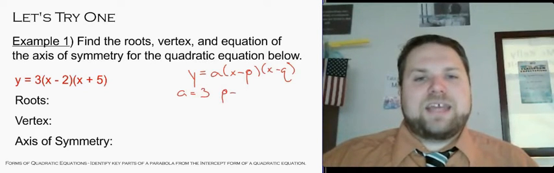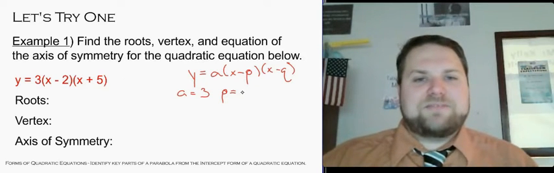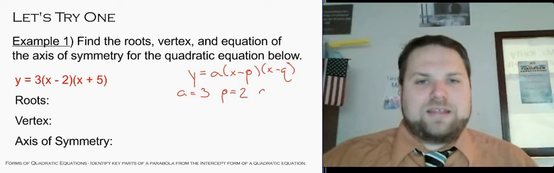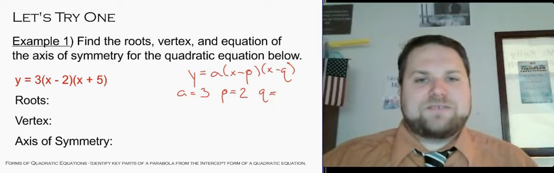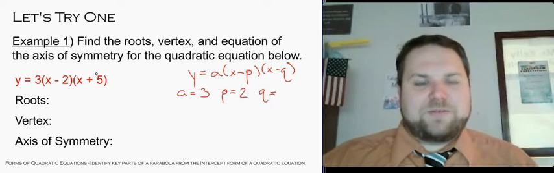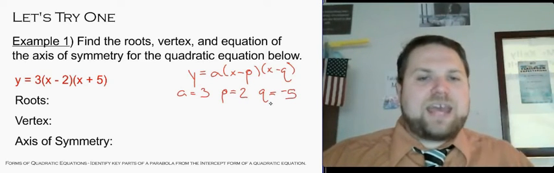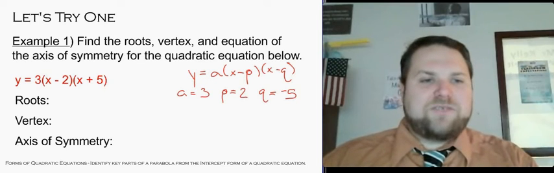P is going to be the opposite of whatever's in the first set of parentheses, so the opposite of negative 2 is positive 2. Then q will be the opposite of whatever's in the second set of parentheses, so the opposite of plus 5 is minus 5. Now I'm going to find the roots.